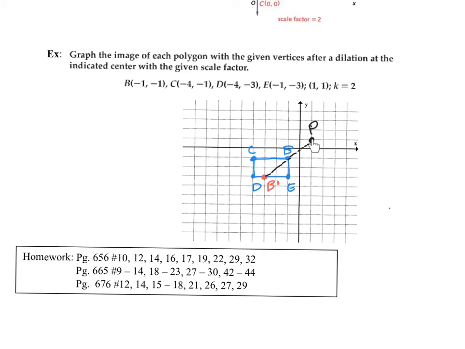So from here, I'm going to go to the left, 1, 2, 3, 4, 5, 6, 7, 8, 9, 10, and then down 1, 2, 3, 4. And there's my point C prime. Okay, and again, you can see that if we were to connect the dots, then C prime lies on ray PC, and the distance from P to C prime is twice the distance from P to C.